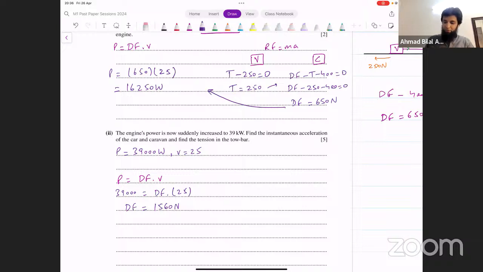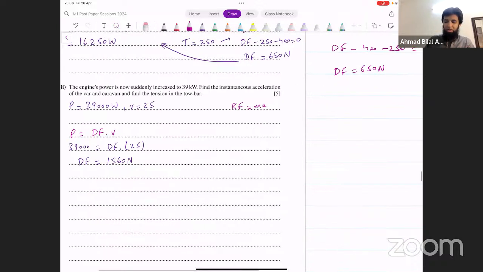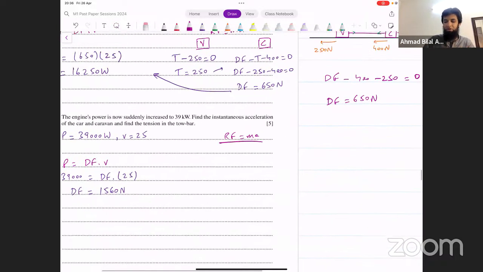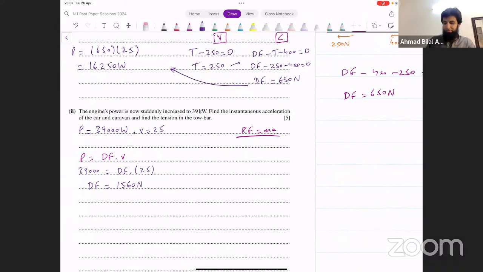And now what are we looking for? We're looking for acceleration and the tension. What's the connection between resultant force and acceleration? Between forces and acceleration, it's Newton's second law of motion. That's resultant force equals mass into acceleration. Again, let's use that on both the objects separately. In this case, you have to use separately because we're looking for tension as well. We've got the same two equations as before.